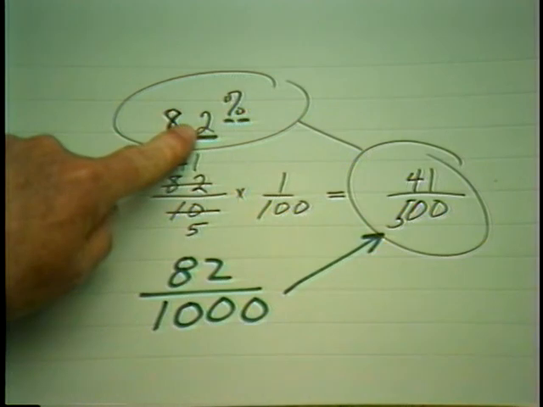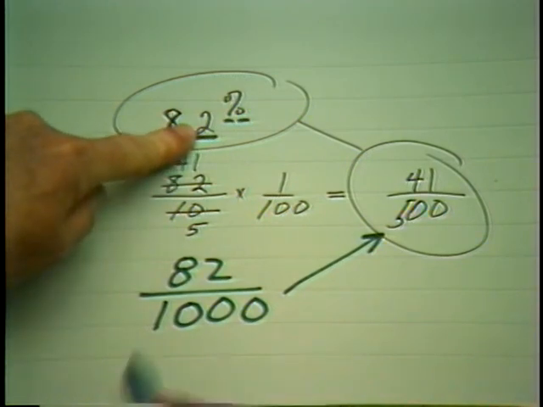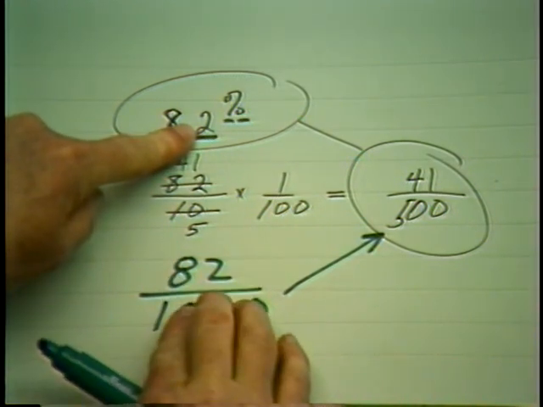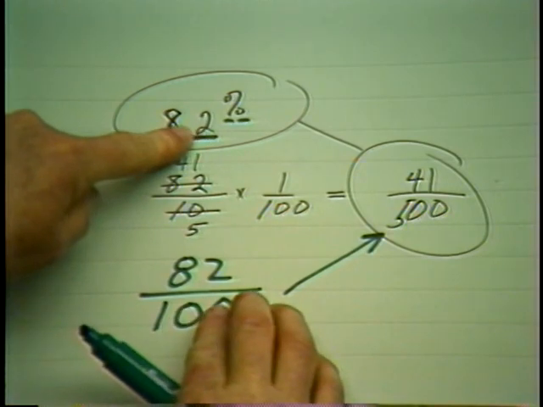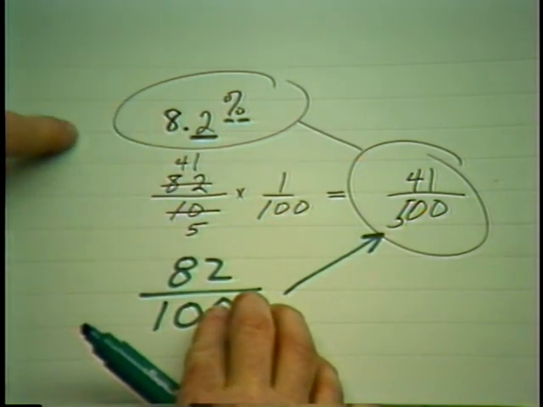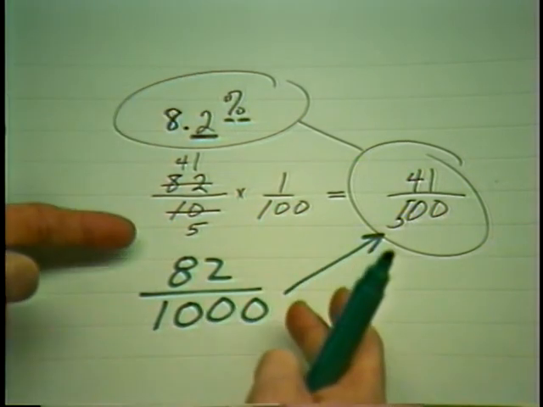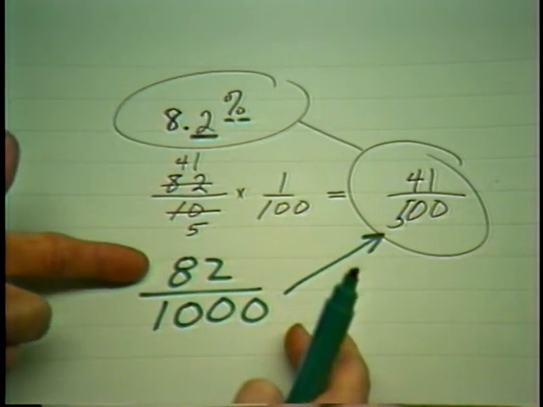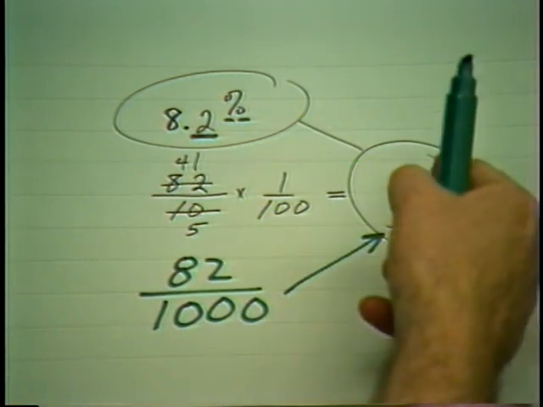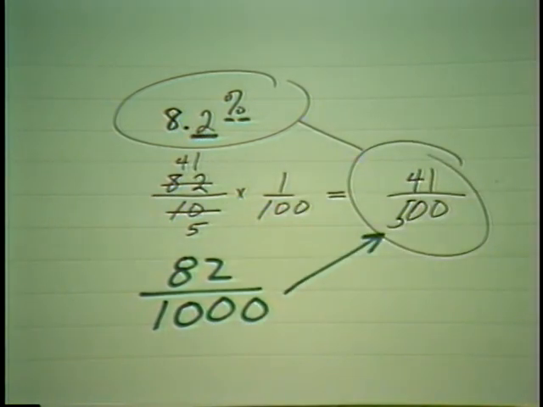Pretend like the decimal isn't there. Change that to a fraction. Then a 0 for each decimal place, then 2 zeros for the percent, and you have the fraction. By the way, that always works. And reduce it, and you have the reduced fraction.